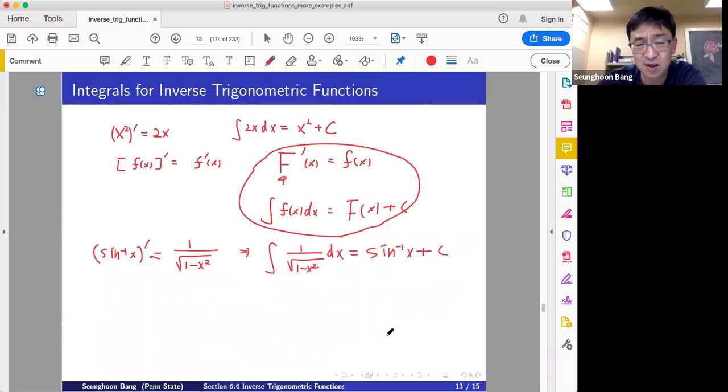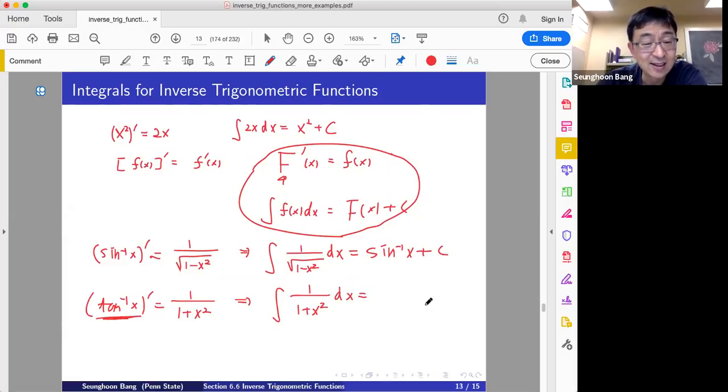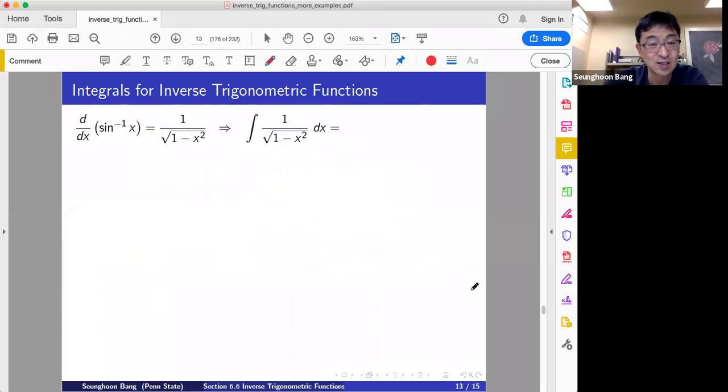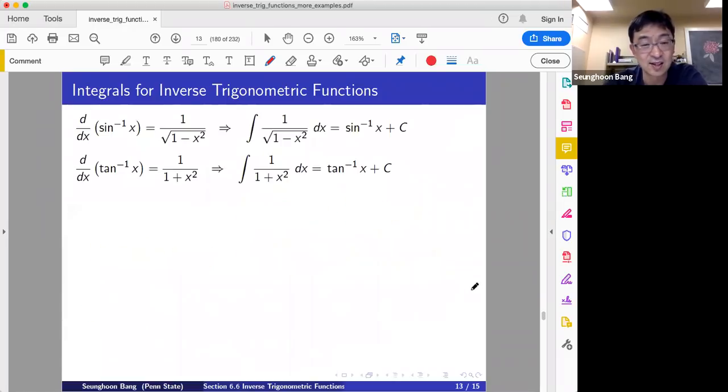Similarly, the derivative of inverse tangent of x is 1 over 1 plus x squared. What is the integral of 1 over 1 plus x squared dx? The antiderivative is inverse tangent of x plus c. We have two important integral rules you have to memorize.